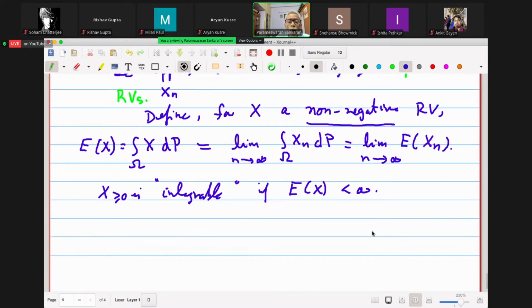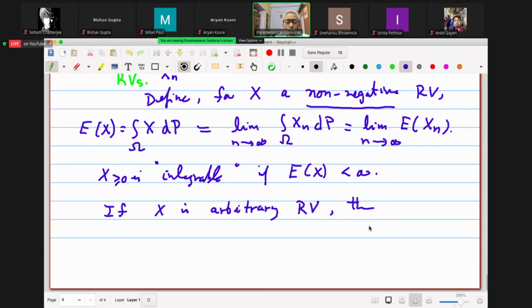For a more general one, if x is arbitrary, it can assume positive or negative values both. Then you write x as the difference of two random variables, both of which are non-negative: x plus minus x minus. This is a trick where x plus is equal to the maximum of x comma 0.